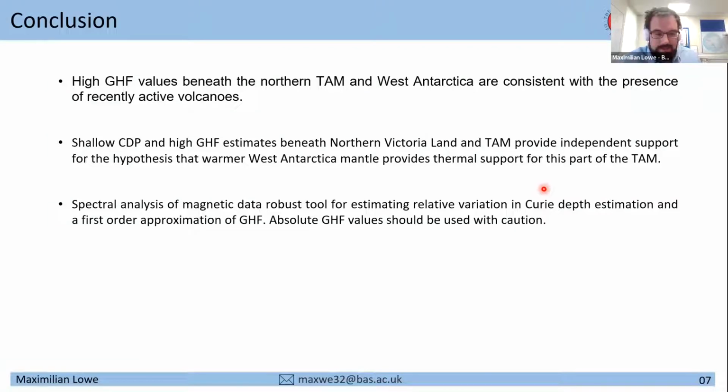And yeah, spectral analysis of magnetic data can give a robust estimation of relative variation in Curie depth, and therefore relative geothermal heat flux estimates.